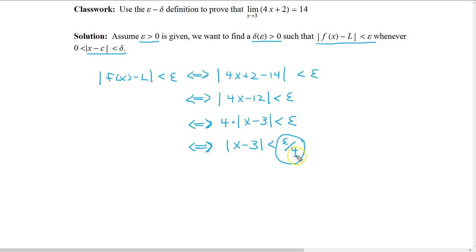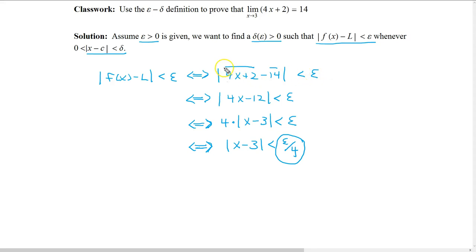So the way we read this is, if you're given any number epsilon greater than 0, as long as you pick x to be within epsilon divided by 4 units of the number 3, then this will be true, and so f of x minus L will be less than epsilon.